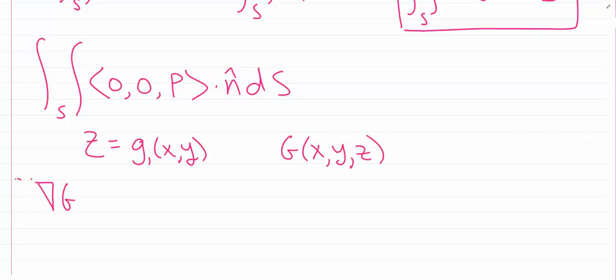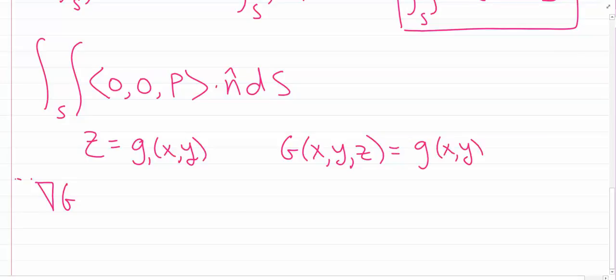Let me just write this. It's going to be g(x, y) minus z. So now let's look at the gradient. The gradient then is going to be, and notice I've just dropped subscripts now, we understand we're dealing with that first curve, g_x, g_y, and -1. That's what we have.